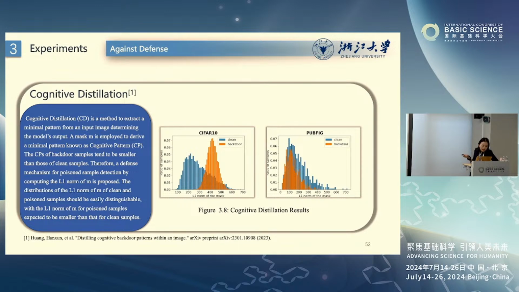Okay, this is like another minimal pattern from an input in mask M, known as this.